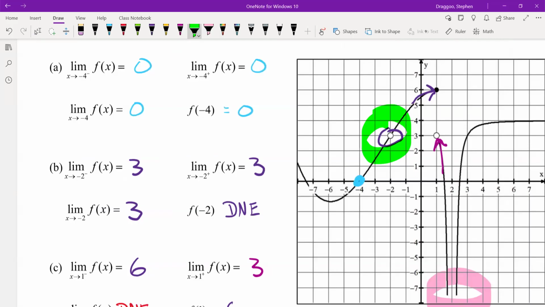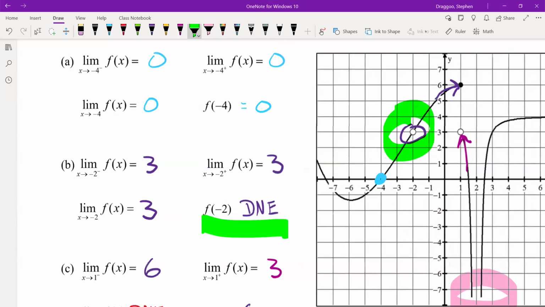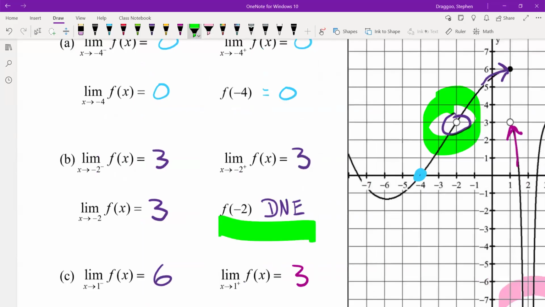I'd still like to be able to talk about that hole and where it exists and how it might fit into the function, but I'm not allowed to plug in -2 for x, because if I do, I'm going to get no solution. So instead, I want to talk about x approaching -2, this part over here.